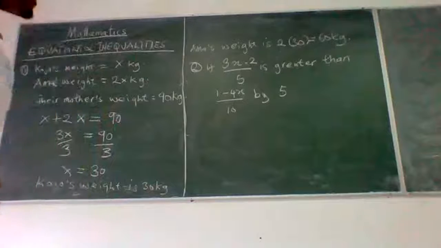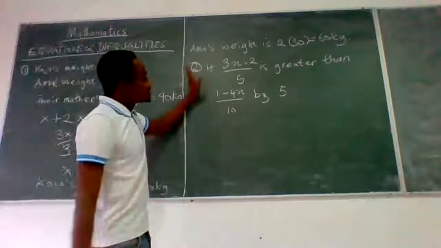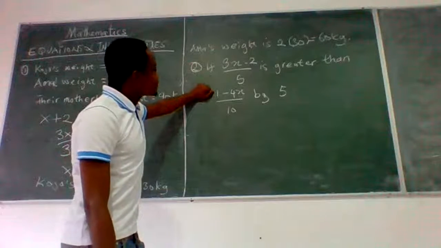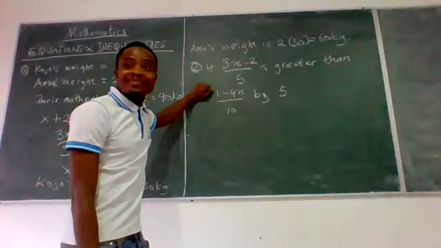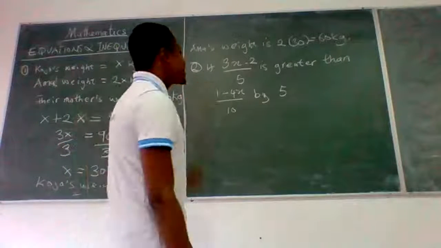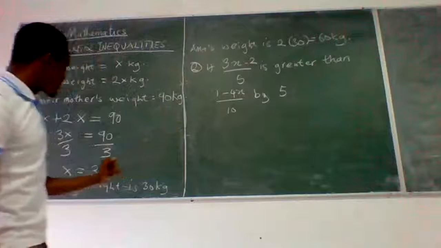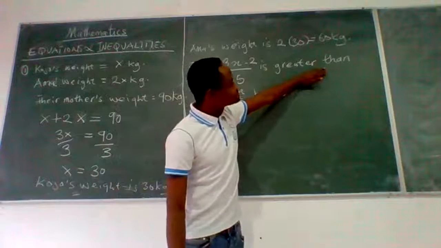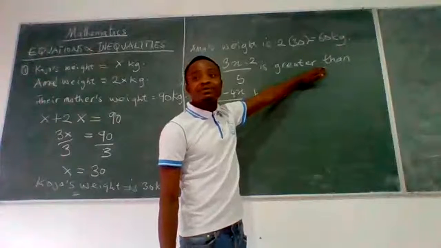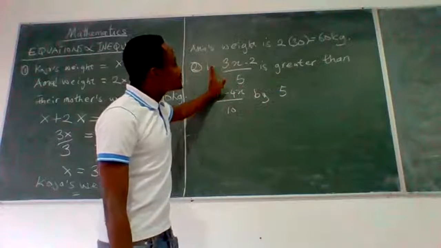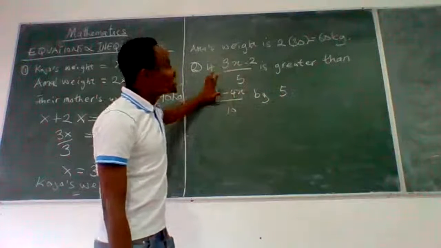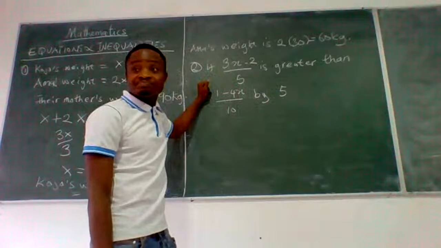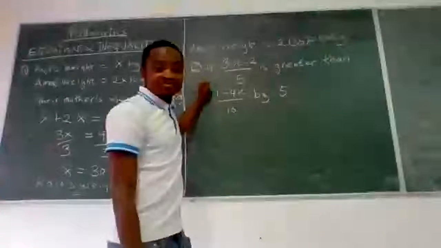Looking at this problem, who could tell, is it an equation or inequality? Because we say an equation is strictly dealing with the equal to sign, but we also know the greater than sign. So is this question an inequality or an equation?